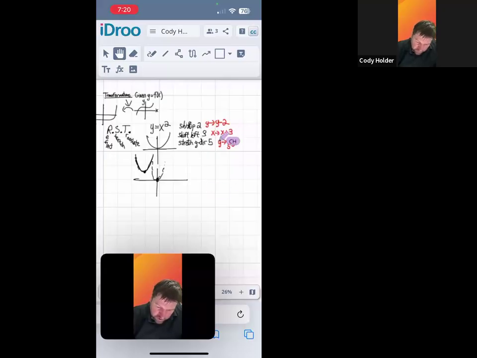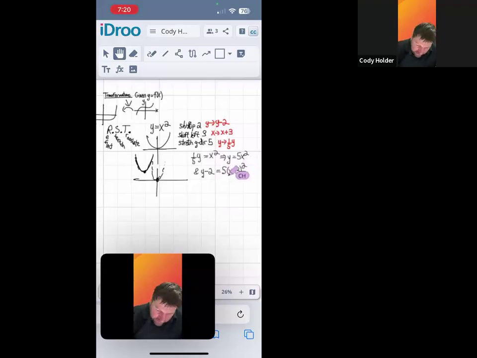So the new function, if we first do the stretch, we'll have 1/5 y equal x squared, which means y is equal to 5x squared. Okay, that's a stretched parabola. And we'll do the 2 shifts. So y will get replaced with y minus 2, and x will get replaced with x plus 3.